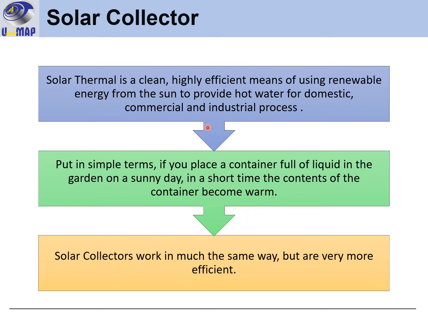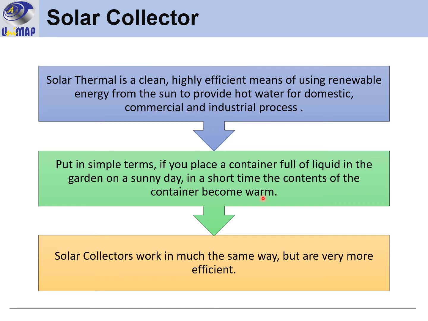The simple concept we can understand is, if we put a bucket of water in a steel container in the middle of the heat or the sun, after a while the water in the bucket will become hot.